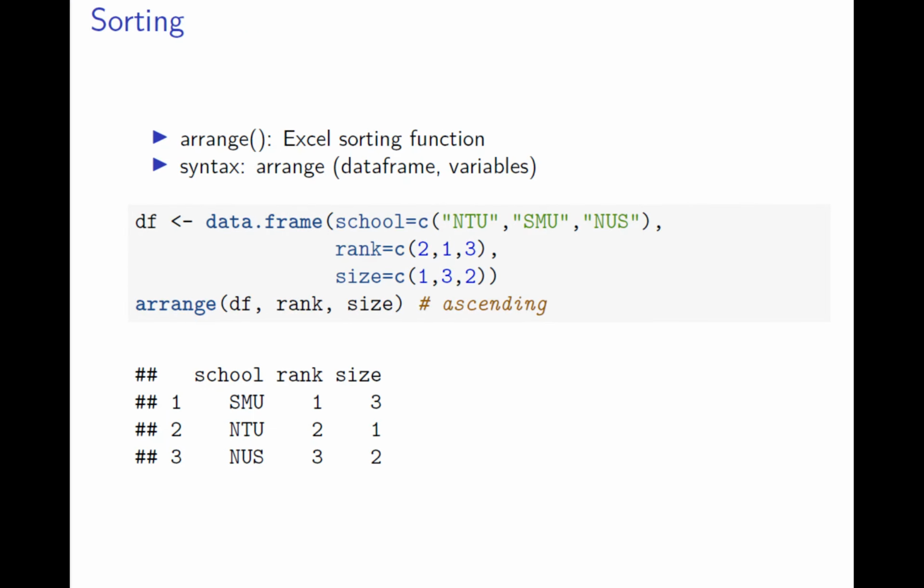The next is arrange, and for arrange we can arrange the observations in ascending order or descending order. If you choose the data frame, rank, and size, you first arrange ascending by rank, and then ascending by size. This is what you see.